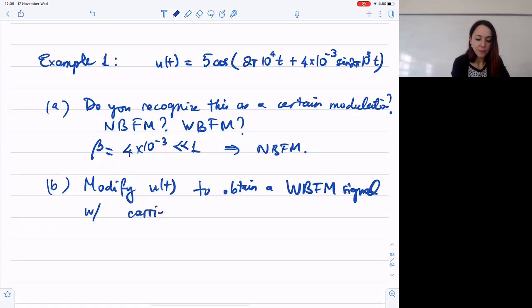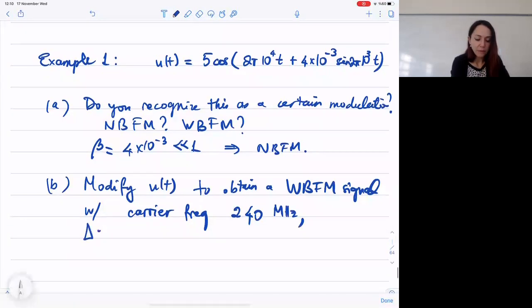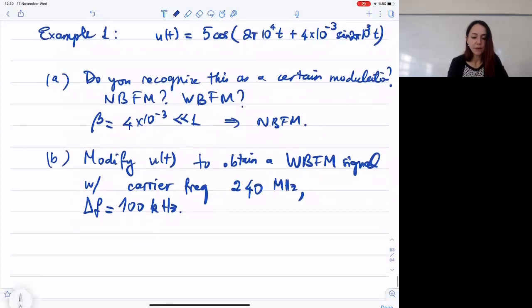Carrier frequency 240 megahertz. Peak frequency deviation 100 kilohertz. How do you achieve this?